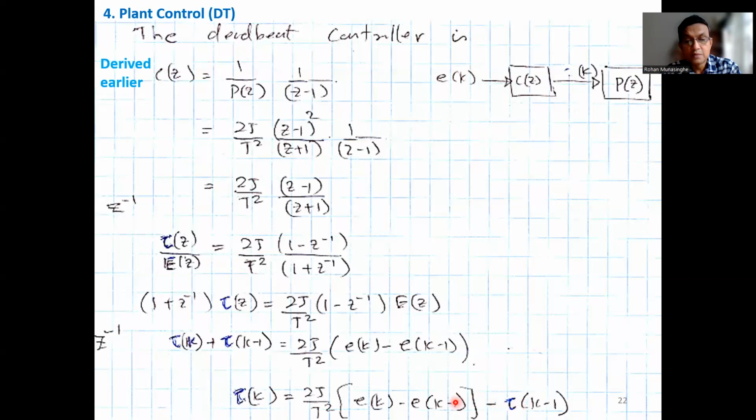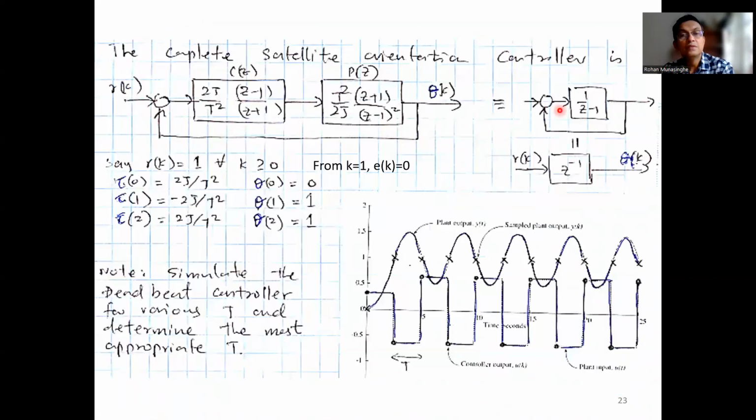Because when k equals 0, hold on, go back and see it. When time equals 0, initially theta 0, right?